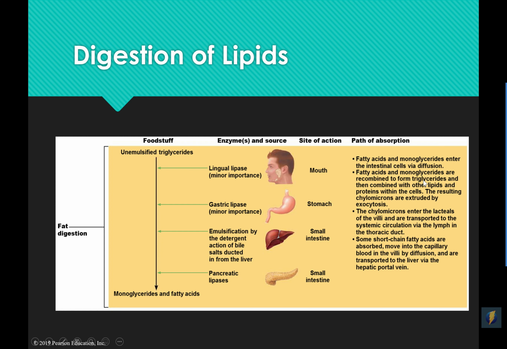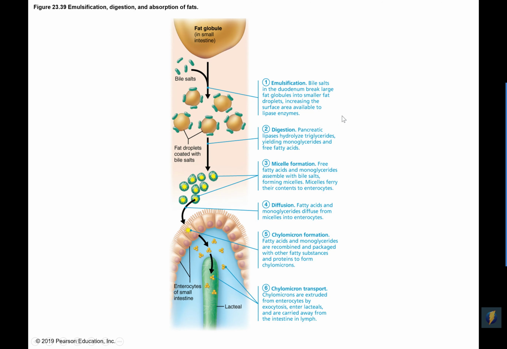Sort of the weird one is the lipids. There is a little bit of lipid digestion that occurs in the mouth with sublingual lipase. There's a little bit of lipid digestion that occurs in the stomach with some gastric lipase, but most of the digestion of lipids takes place in the small intestine with bile from the liver as well as the pancreatic lipases.